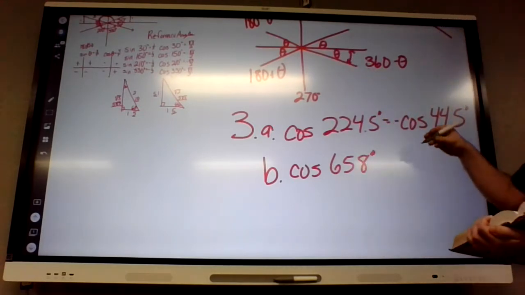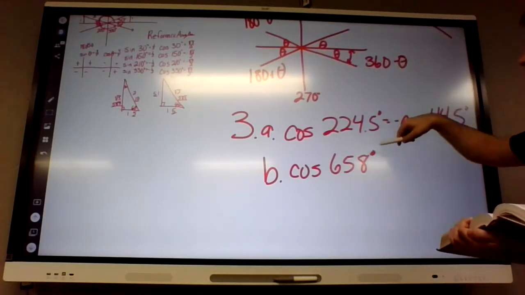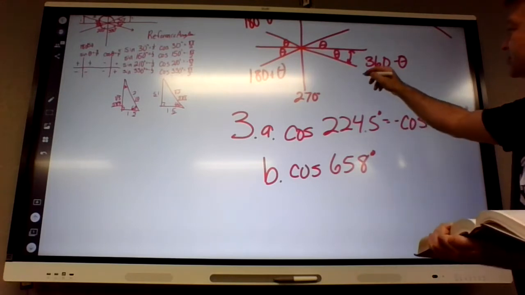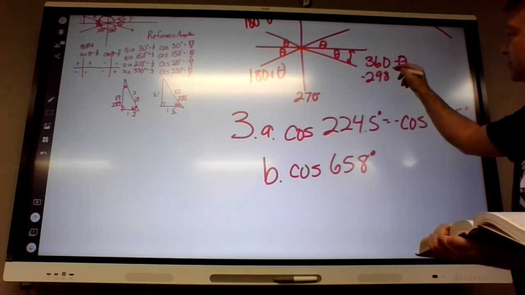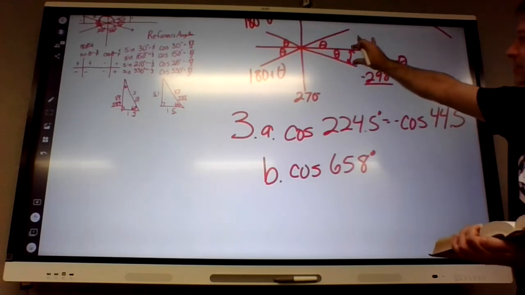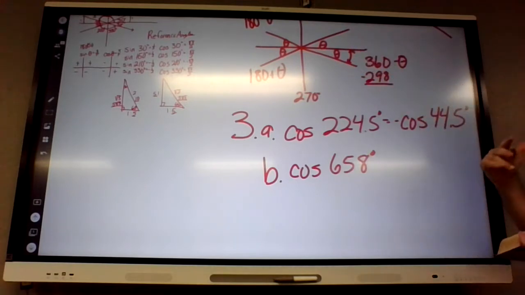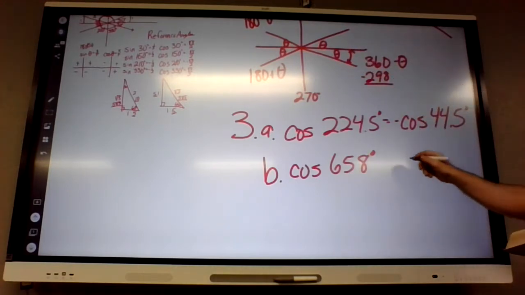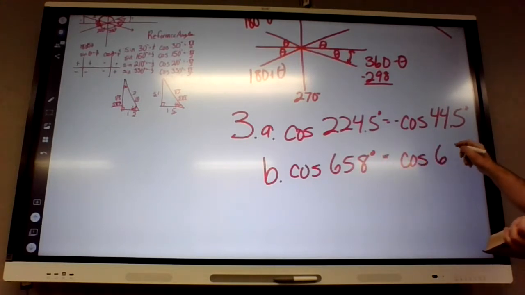So to find out what theta is, if we do 360 minus 298, that'll tell us the gap between that and 360. That'll be 62. Is cosine positive or negative in the fourth quadrant? Positive.